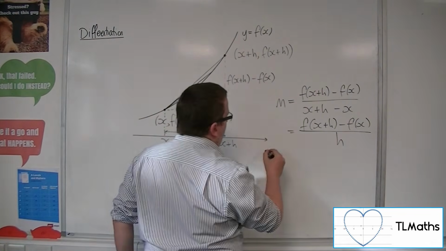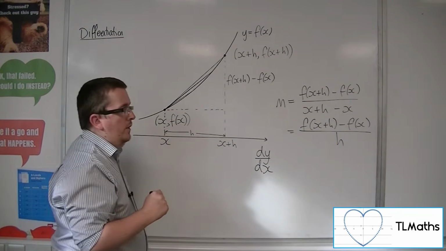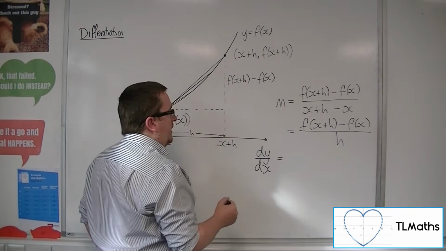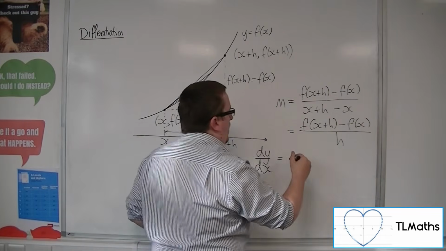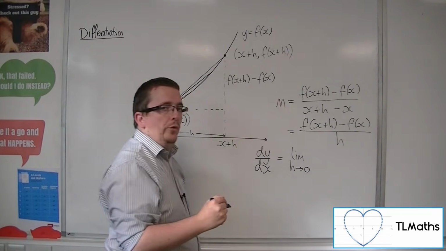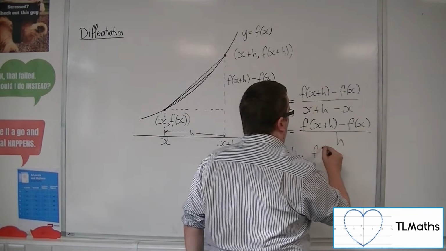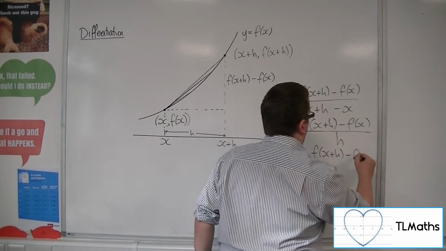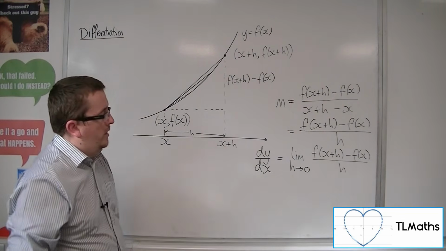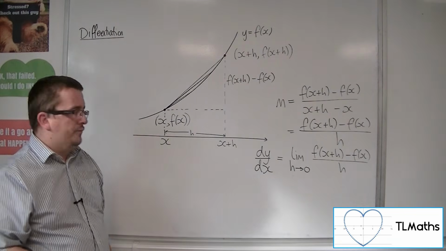So we say that the gradient of the curve at that point, dy by dx, is this, but we're letting h tend towards 0. So we're letting h get smaller and smaller and smaller. Okay, so the gradient function is given by this limit definition.